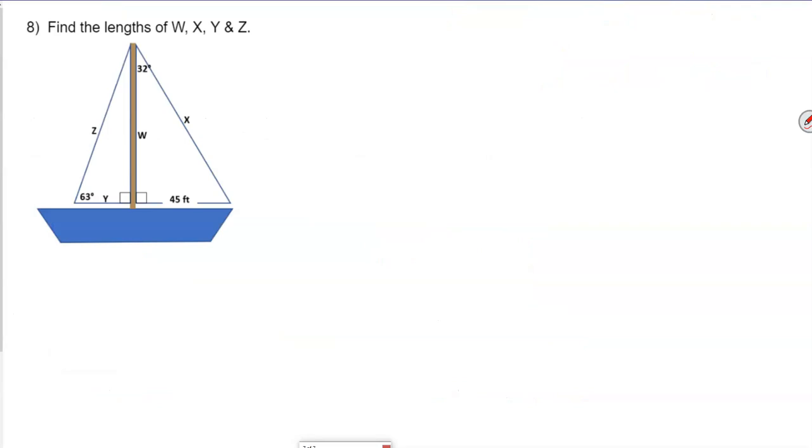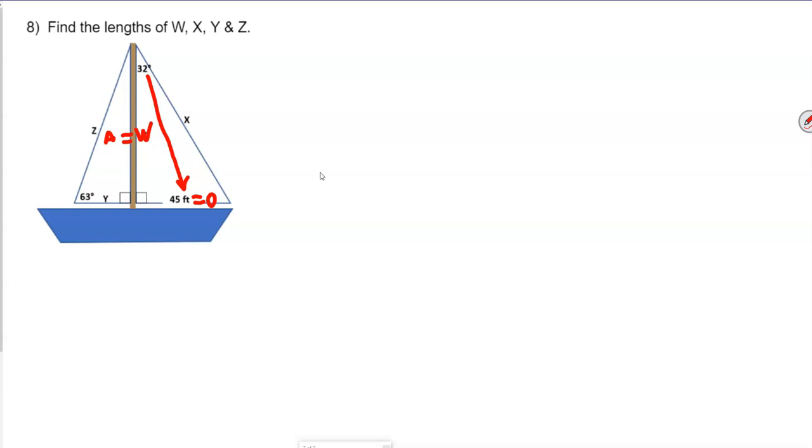All right, last one. Find the length of W, X, Y, and Z, okay? So I have two sides in that right triangle. Or actually, I have an angle and a side, okay? So let's talk about how, if we're looking for W, this is the opposite side, right? Wouldn't W be the adjacent side? There you go. Yes.